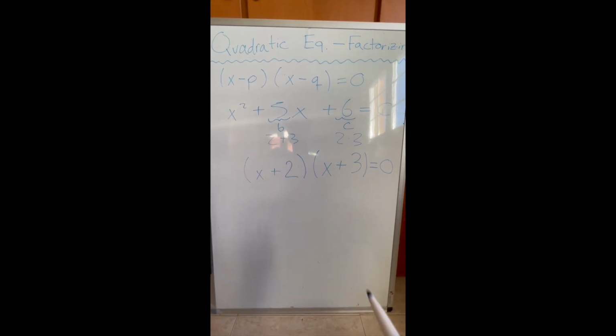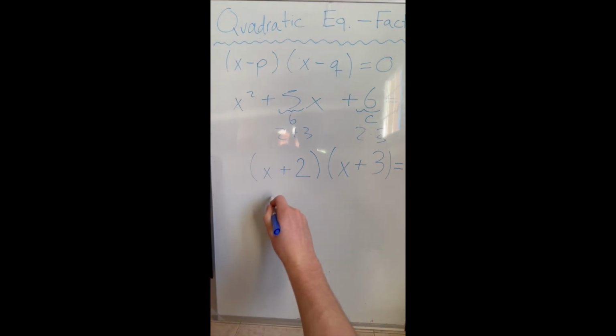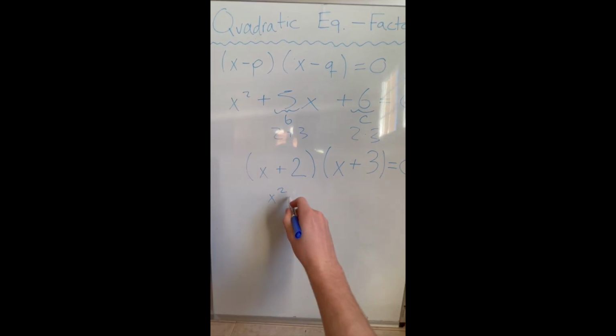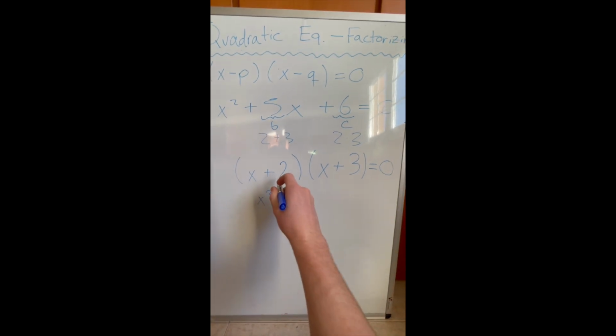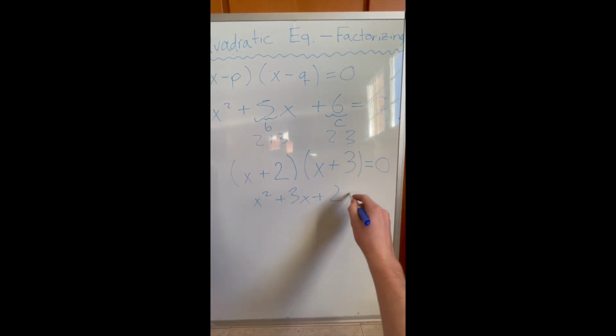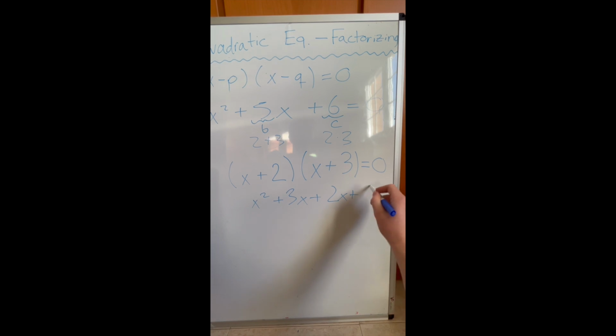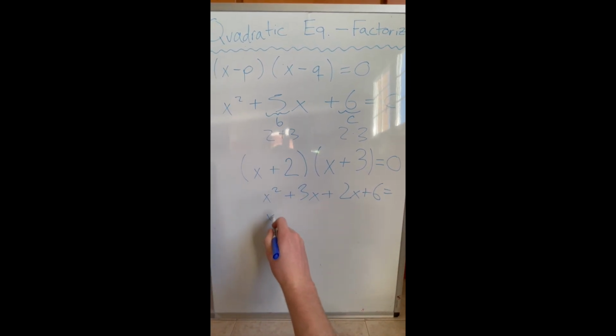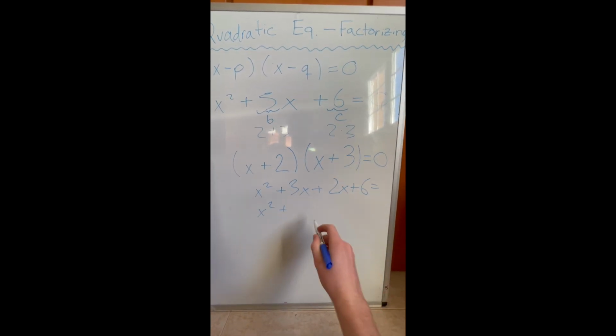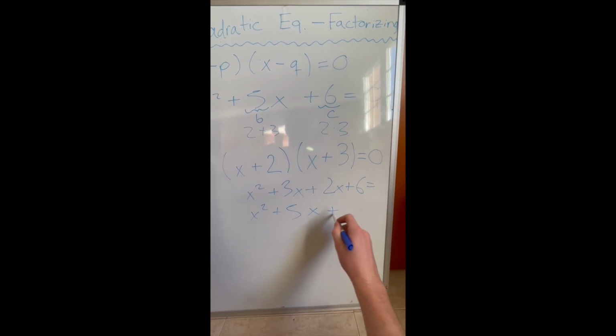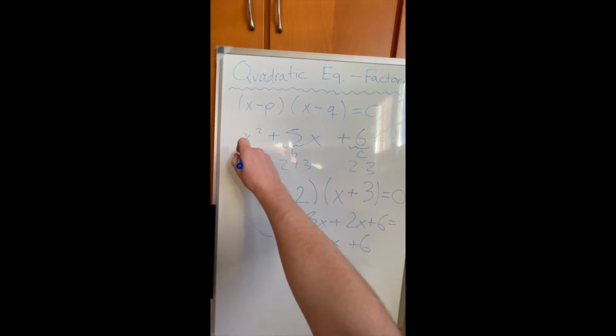We can verify this. Let's do it. x times x is x squared, x times 3 is 3x, 2 times x is 2x, and 2 times 3 is 6, which is equal to x squared plus 3x plus 2x, 5x plus 6, which is exactly the same as our original function.